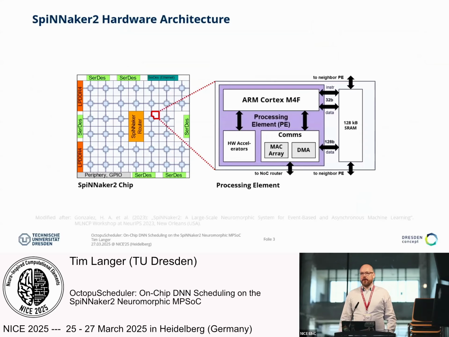What's central for our application is the MAC array, which you can imagine as a SIMD engine running up to 64 computations in parallel for matrix multiplications and convolutions, which we use to accelerate basically the execution of matrix multiplication, convolutions, and related operations. So this is the hardware architecture that we're working on.